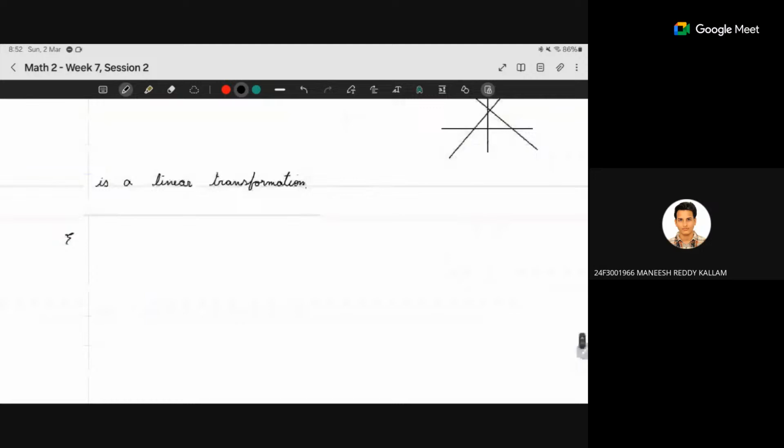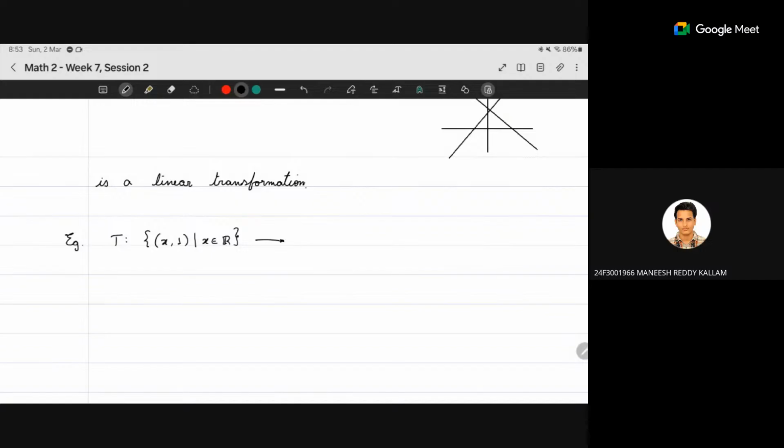Okay, let's maybe take an example. There's one special case. Oh, I didn't give an important example, but okay, let's see. So let's take this: x comma 1. What is x comma 1? Describe x comma 1.